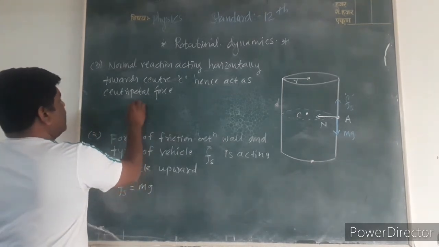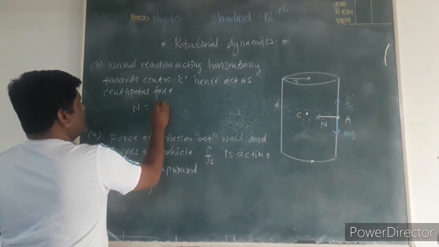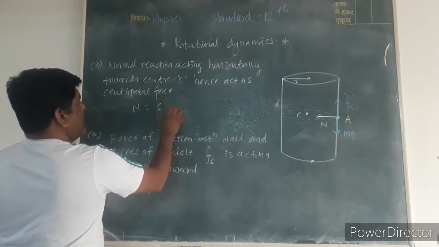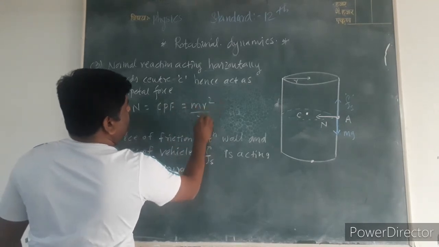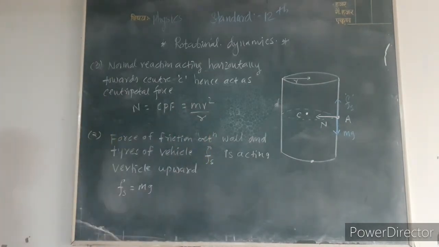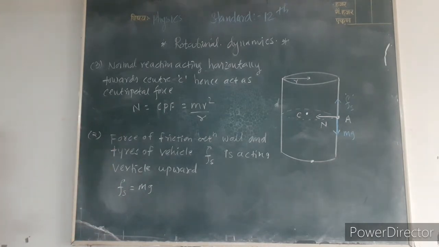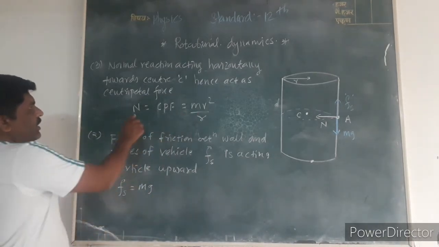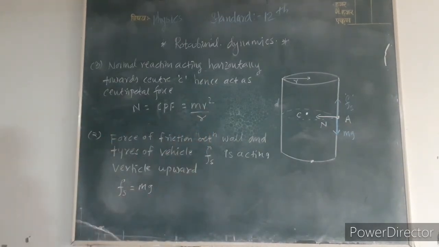Hence we can write N is equal to centripetal force, CPF, is equal to mv square upon r. This is the normal reaction, and this normal reaction acts as a centripetal force. Hence we can write N is equal to mv square upon r.